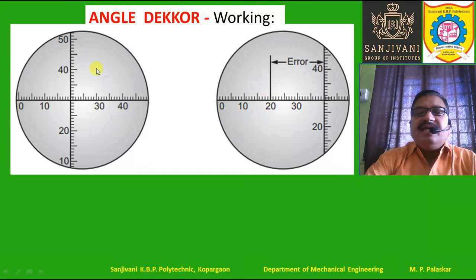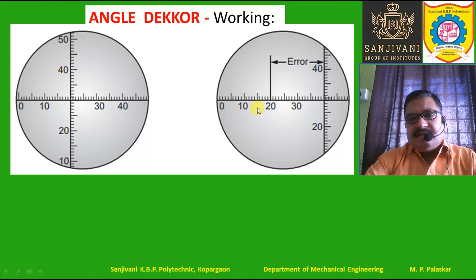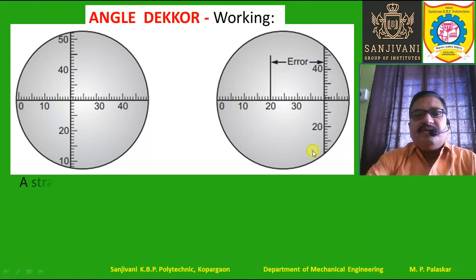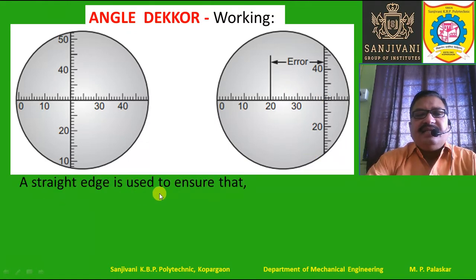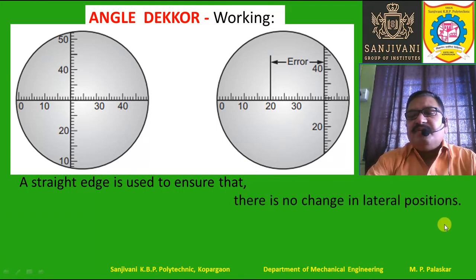So in this way, this was the previous reading when the slip gauges were being used, and after replacement of the slip gauge combination by the actual component, this is the error obtained. Okay, and that is our reading, that is the difference between the slip gauge combination angle and the actual angle of the component.